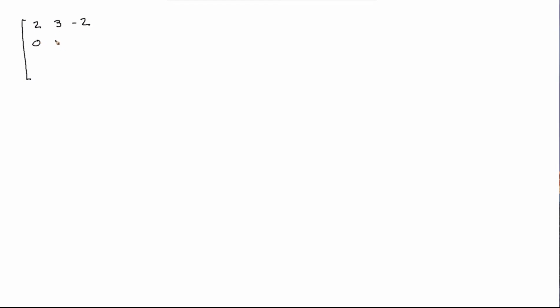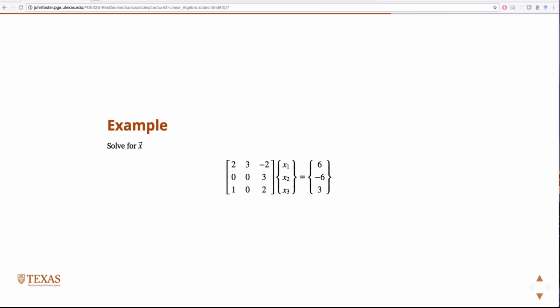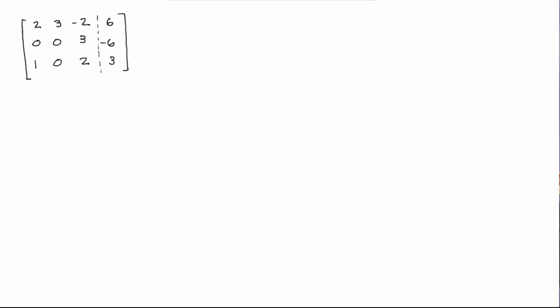So there's our A matrix. And I'm just going to put a dashed line here. And then I'm going to write the solution vector there. So 6, minus 6, 3. So again, that's our system of equations, and I've just rewritten it like that.